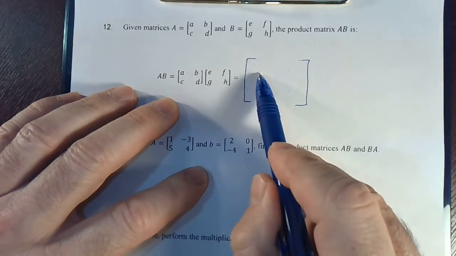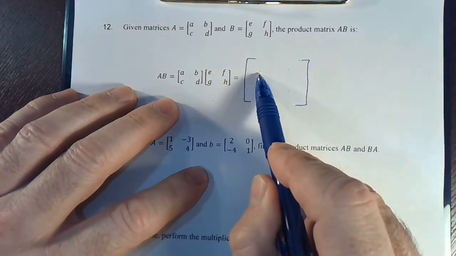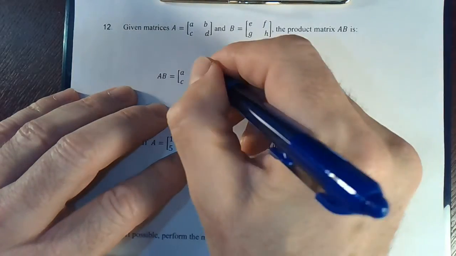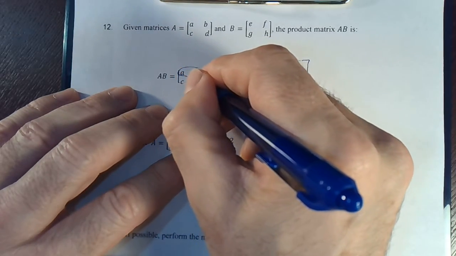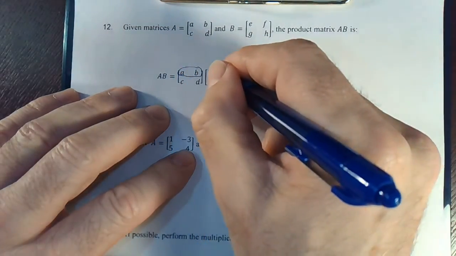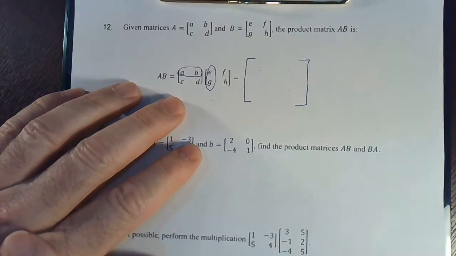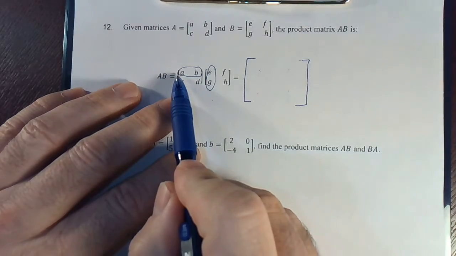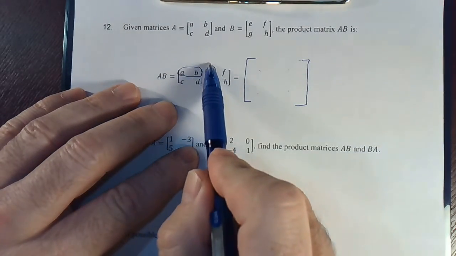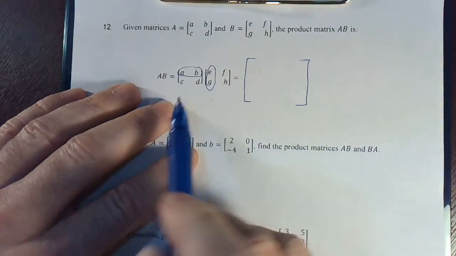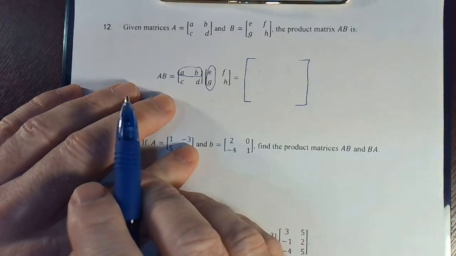How do we get the row 1, column 1 element? Well, we simply take row 1 of the first matrix and multiply it by column 1 of the second matrix. So this is like multiplying a row matrix times a column matrix. Notice they both have 2 elements, so it'll work out correctly.